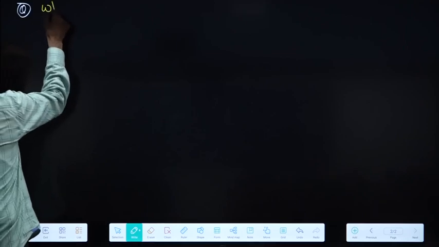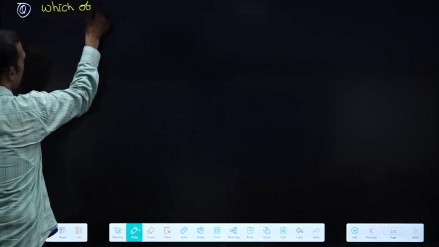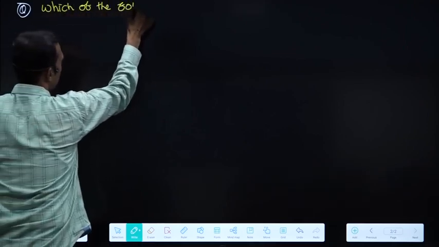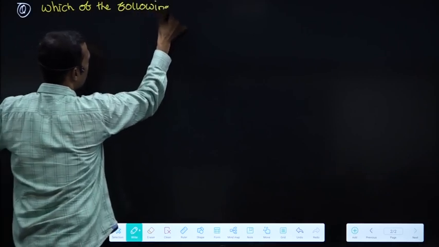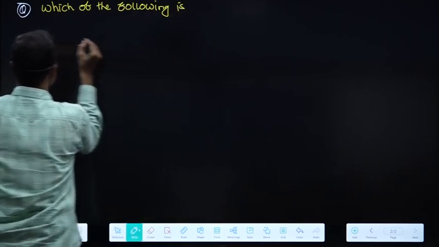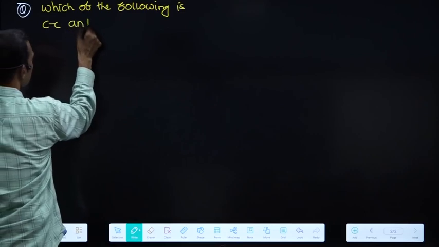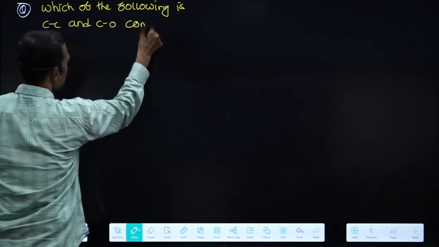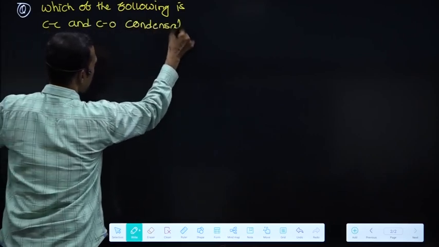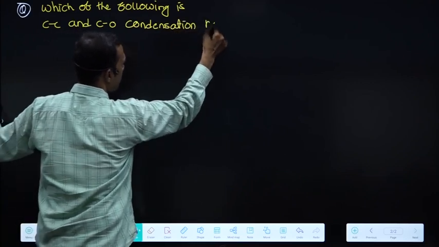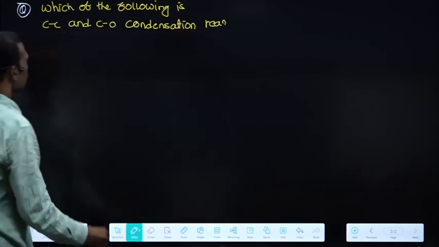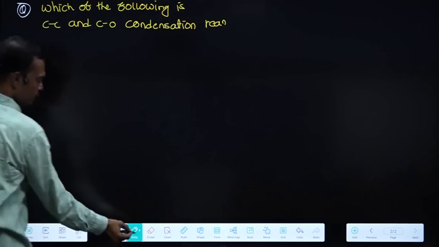Take one question. Which of the following is a CC and CO condensation reaction?